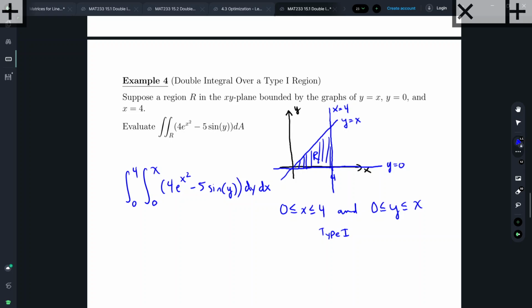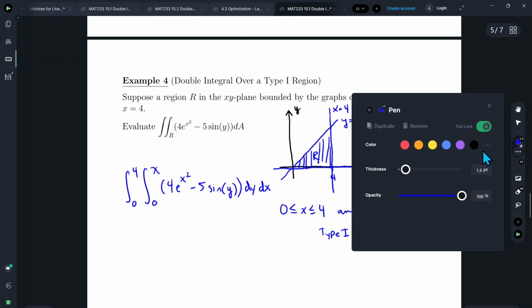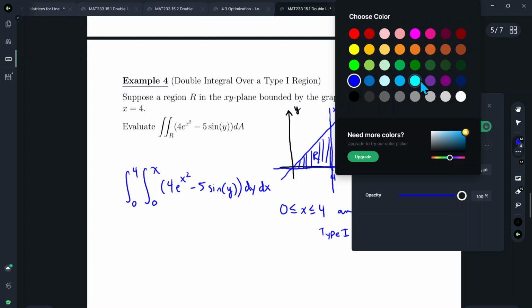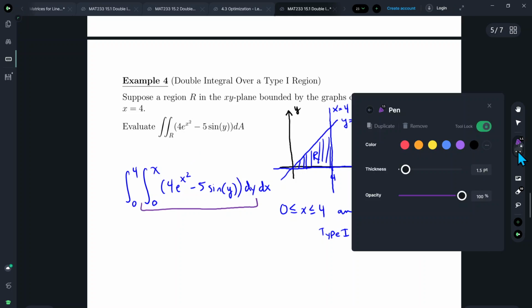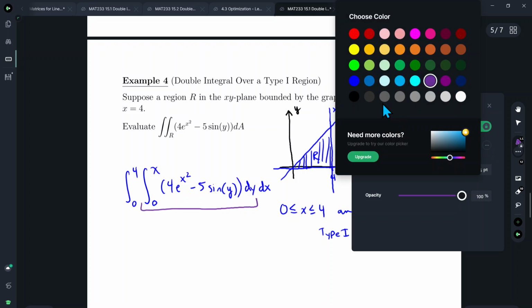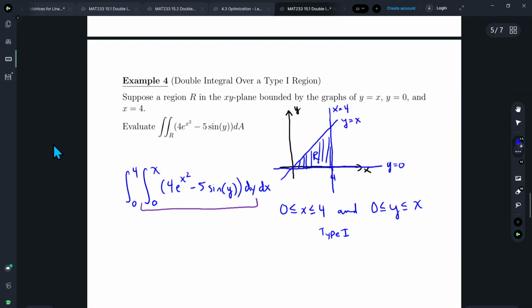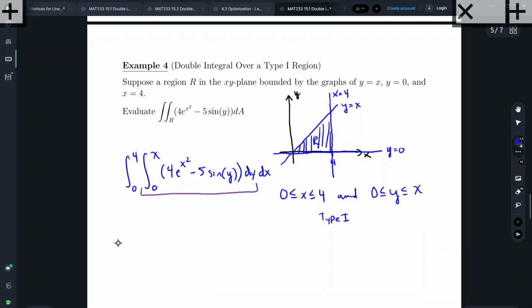Okay, so that's the double integral, right? So just as before, we calculate inside out. So this inner integral needs to be calculated first. So the outer integral stays the same.